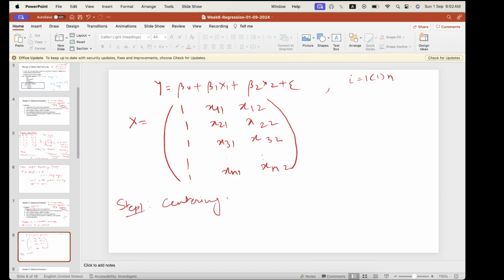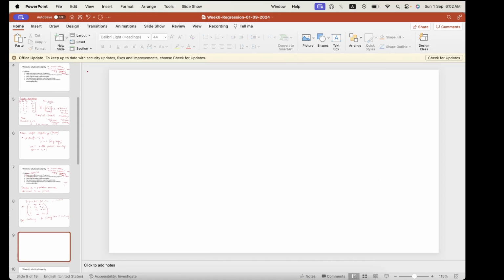So step 1 is centering and scaling the data, scaling the X matrix and Y. Okay, so how do we do that? First, we define variables like this: xi1 will be xi1 minus x1 bar by root over s11, where s11 is equal to summation i equal to 1 to n of xi1 minus x1 bar whole square.